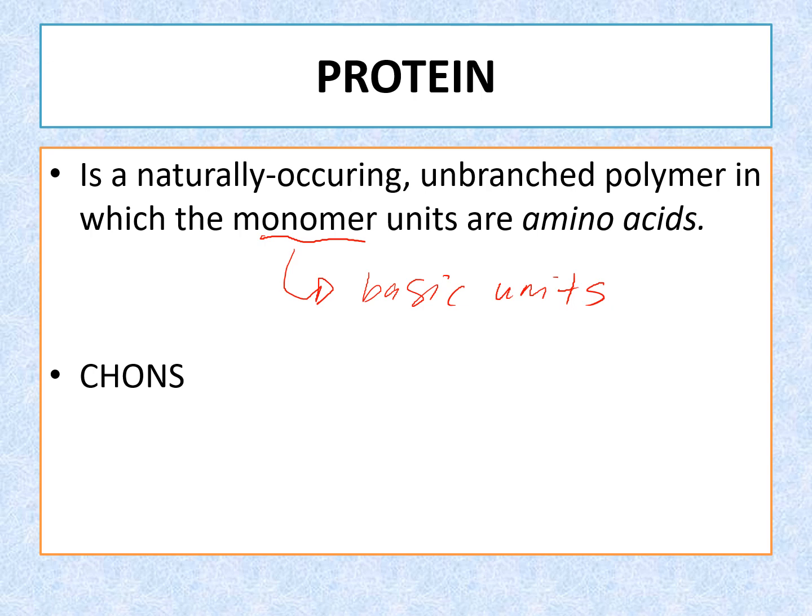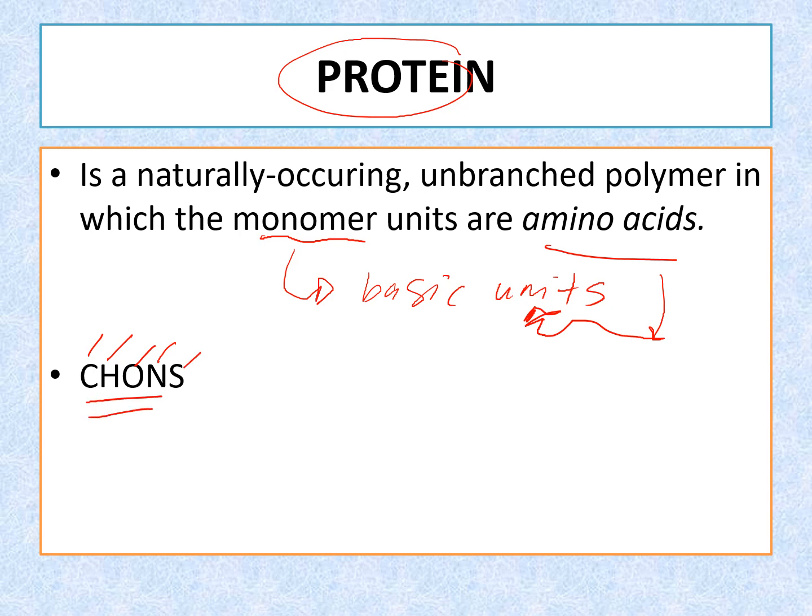So basically, a specific protein is composed of amino acids, which are what we call basic units. A protein molecule could have carbon, hydrogen, oxygen, nitrogen, and sulfur atoms in its molecular structure. So remember that one.